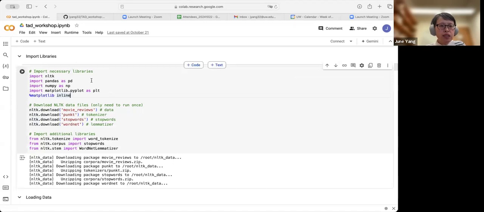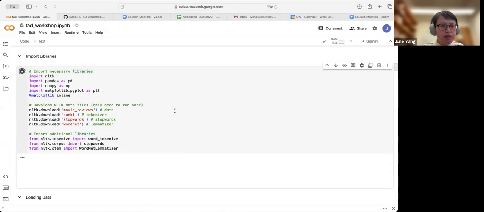So here we're importing the necessary libraries and downloading the data files. Note that we only have to download these data and package files once, and then next time when we run it, we'll just have to import them from our environment. So here I'm going to run it again so that we know where this is all coming from.